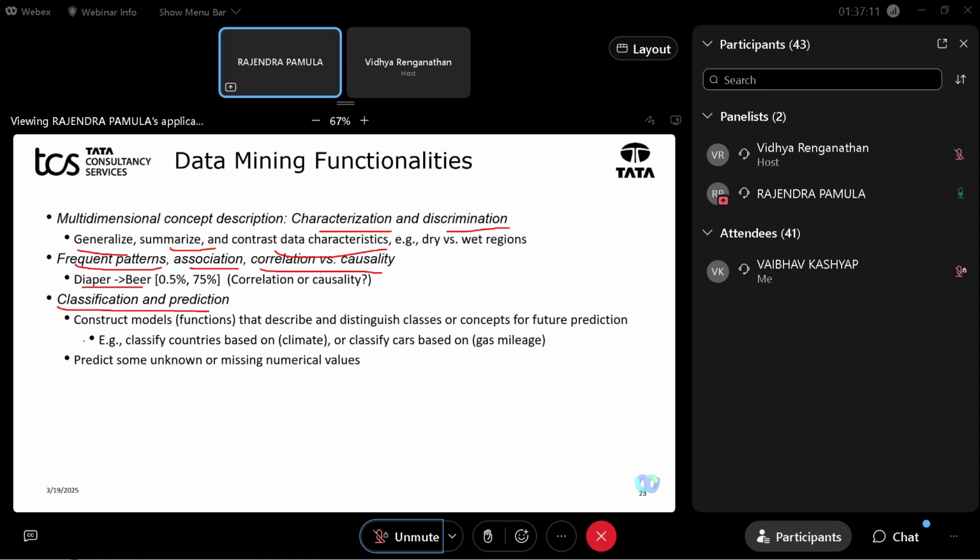To understand the functionality of data mining, we have to construct models that describe the classes, distinguish the classes, or make some future prediction.